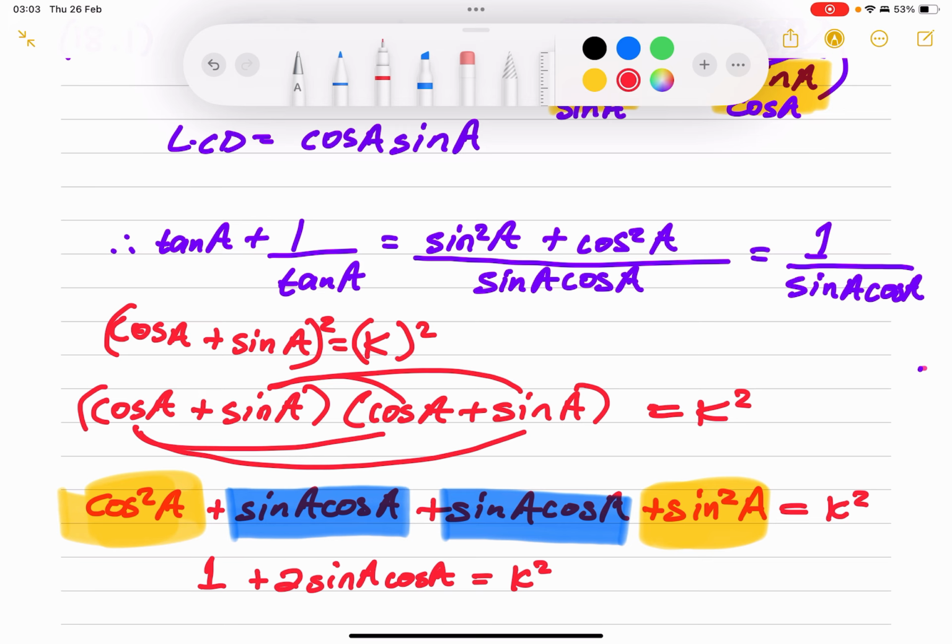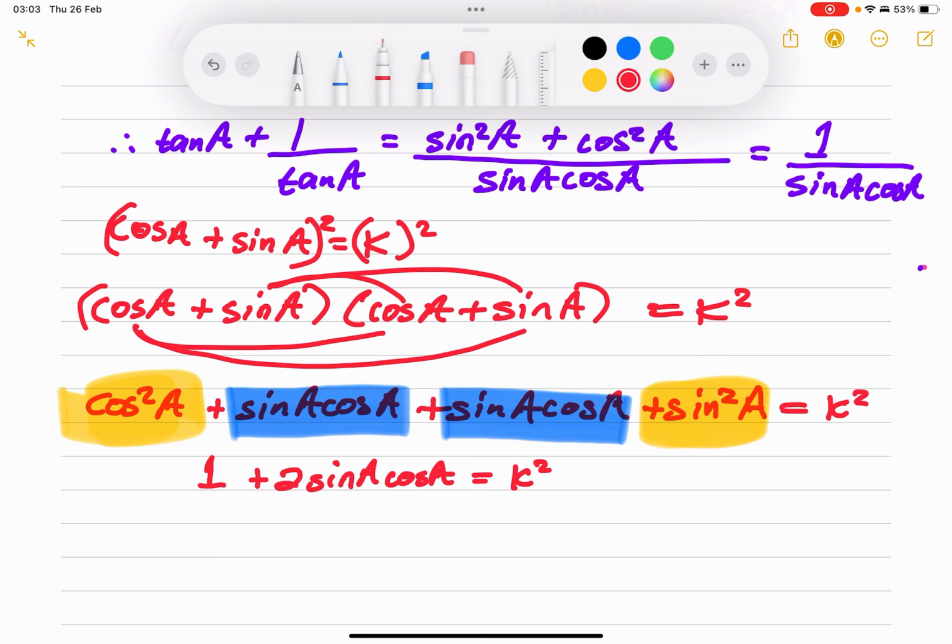Now we need to find sine A cos A. What is the value? So I'm going to firstly minus 1. So I'm going to be left with 2 sine A cos A equals K squared minus 1.